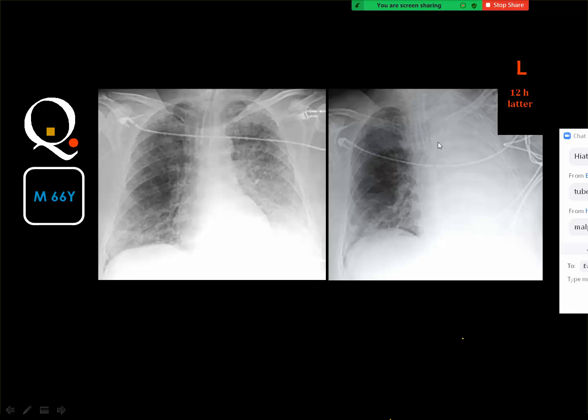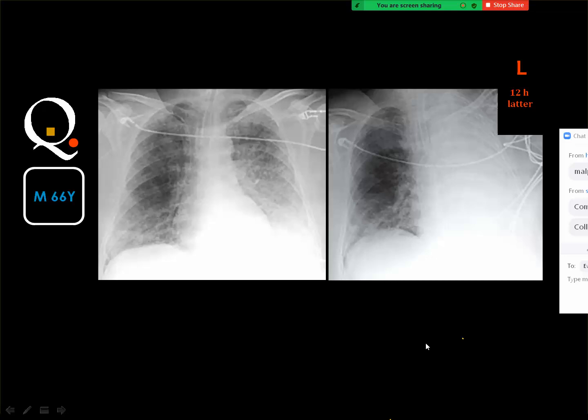If you look carefully, you will see that the endotracheal tube is well above the carina, and you are right to think of displacement of the tube, but if you also look carefully, you see that the tube is pointing towards the left lung, which is collapsed or opacified.